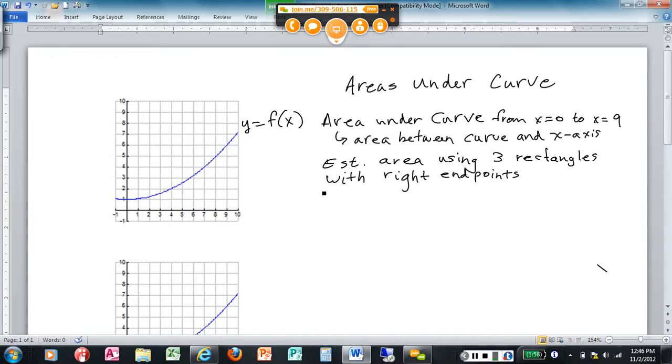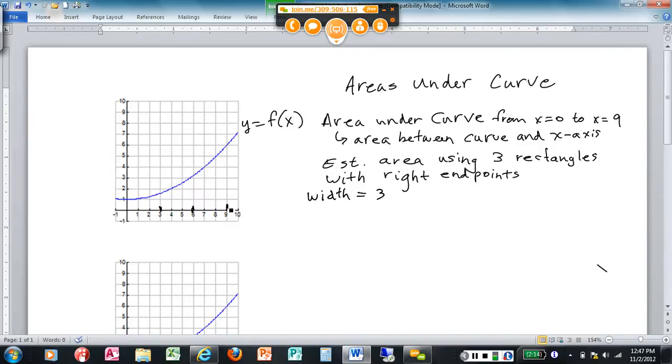Again, I'll also point out when I say 3 rectangles, I mean 3 rectangles of the same size, uniformly wide anyway. Since I'm wanting 3 rectangles and it's 9 units long, this is going to divide up nicely into 3s, right? The width of each rectangle is going to be 3. I'm going to come out here to 3, and then out here to 6, and then out here to 9. And that's going to be the width of my rectangles.